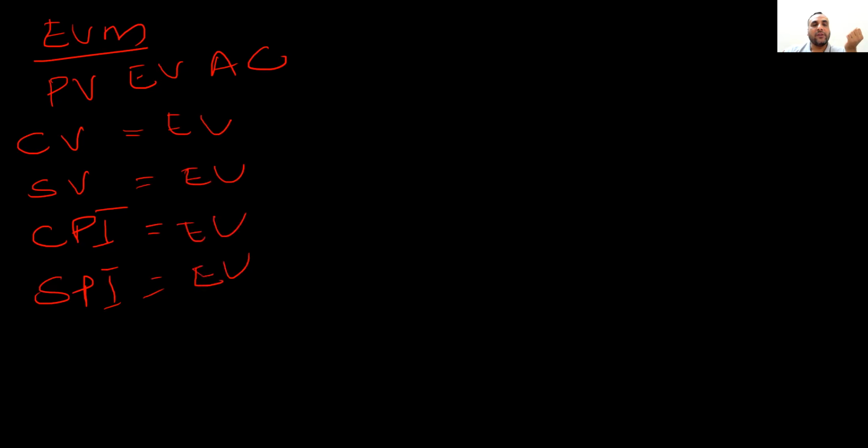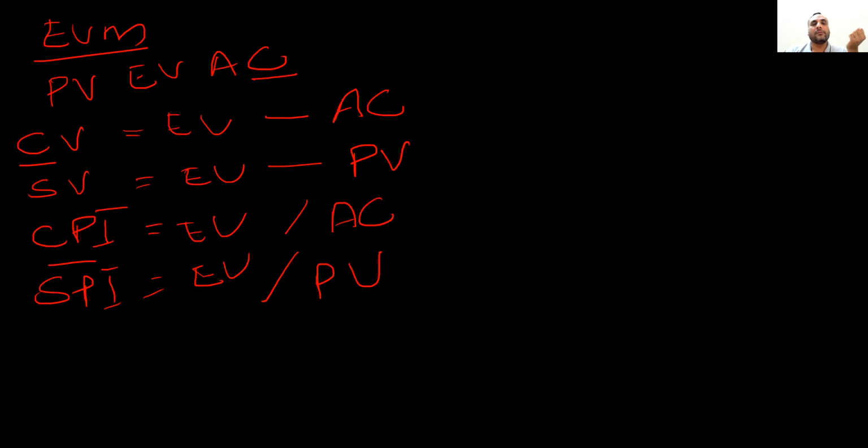Variance means difference, difference means minus, index means ratio, so divide. The second variable will be based upon the formula. If it is a cost formula, the cost variable will come, otherwise schedule. If it is cost related, cost will come, otherwise planned value.